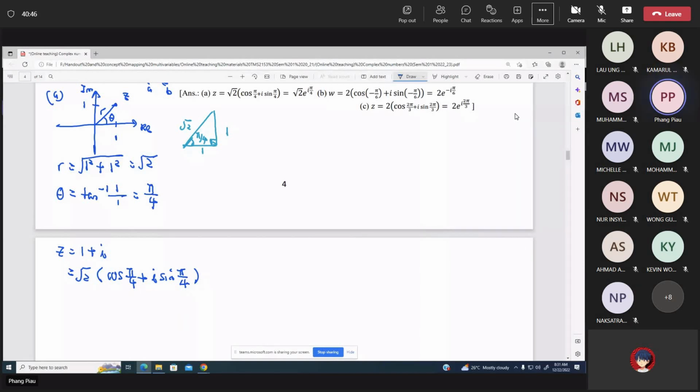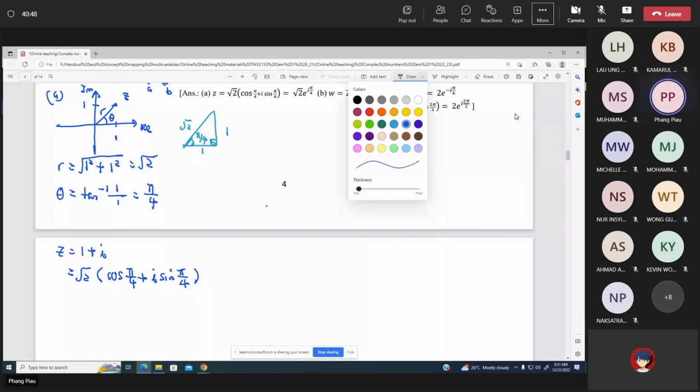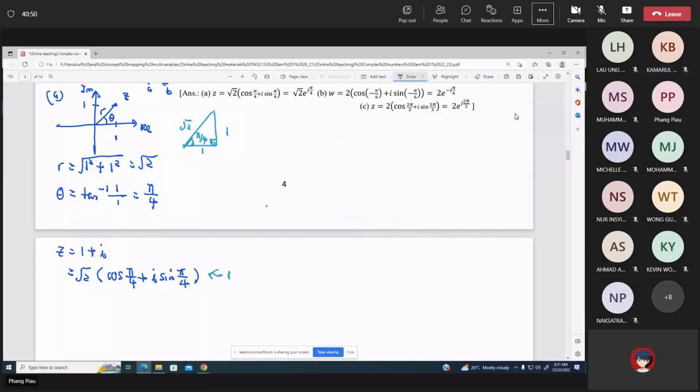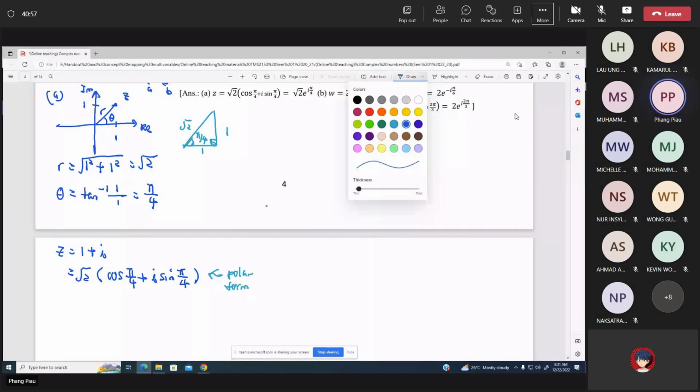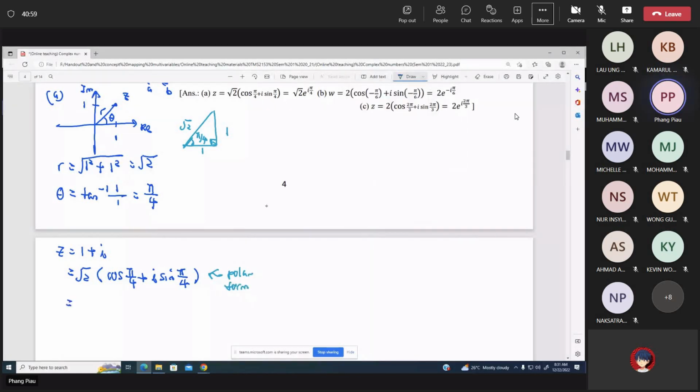So this is the polar form. And you can write the exponential form, even simpler. You have this, then you go for the exponential: e to the power i, then you put the theta here, again pi over 4.